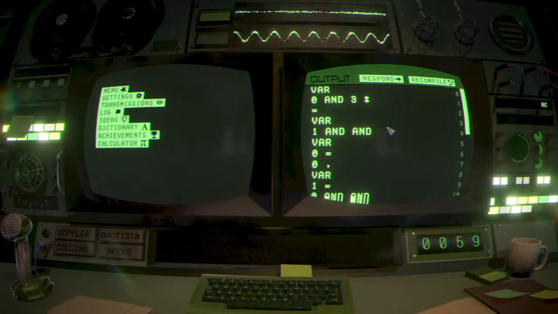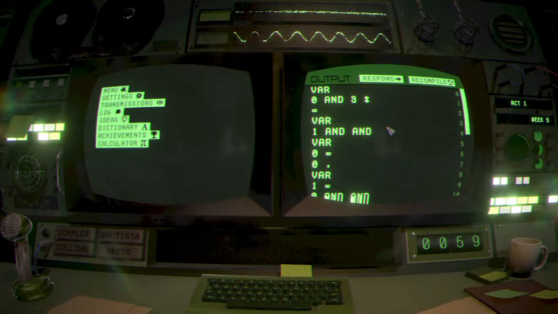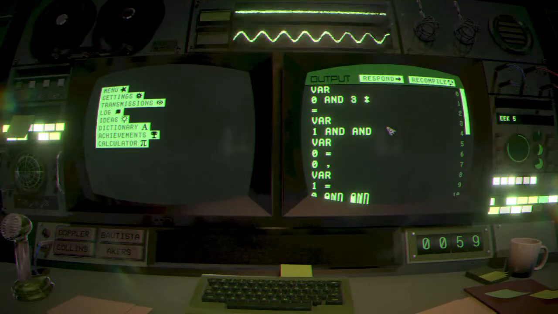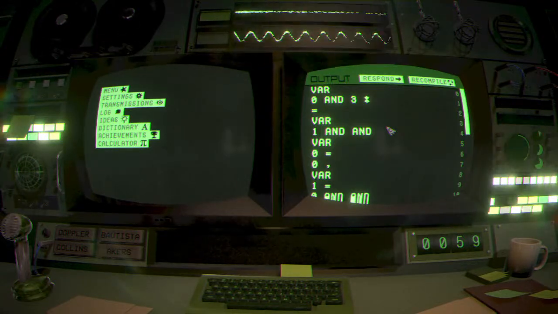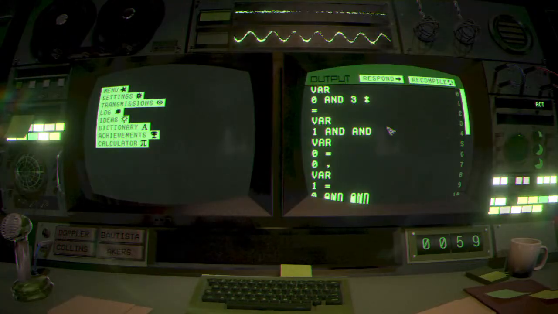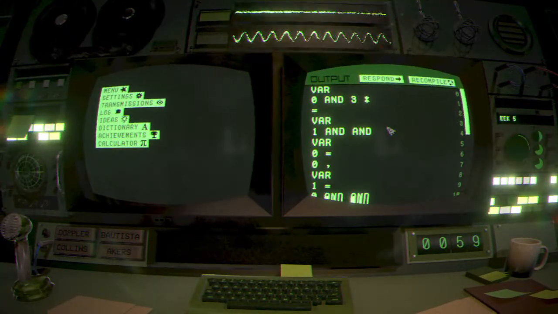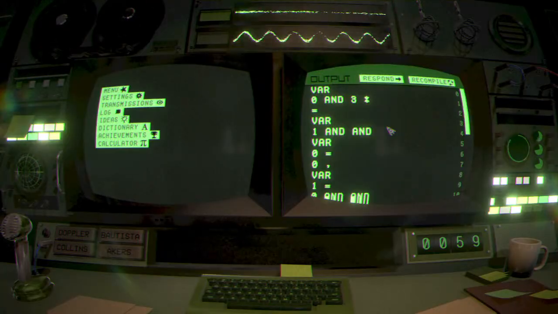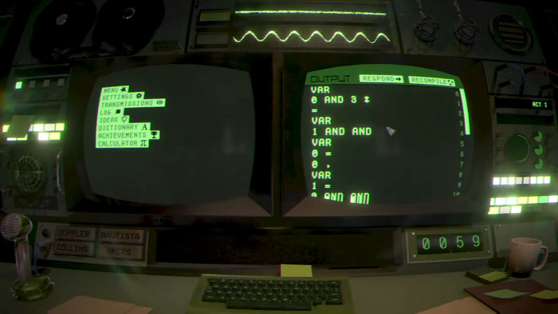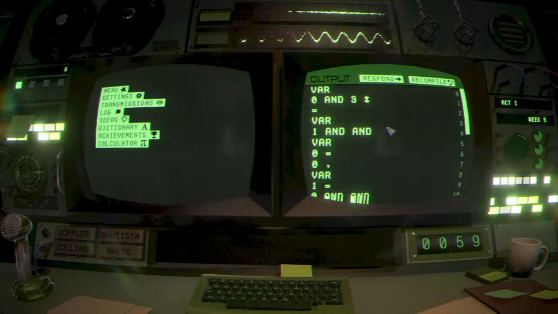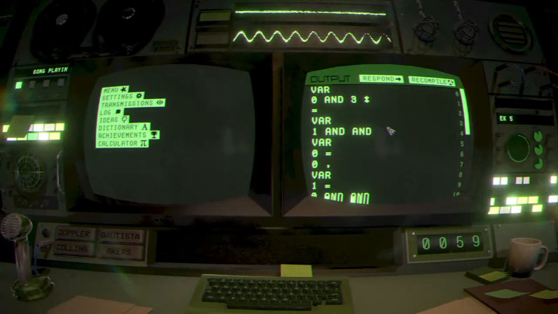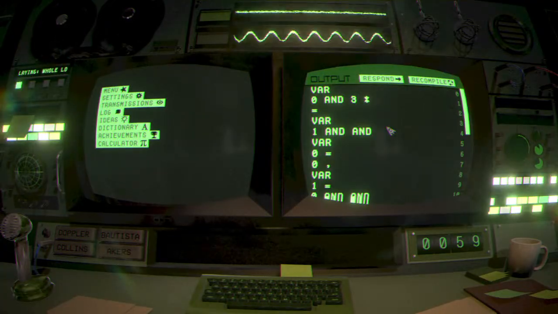Variable 0 times 3 is equal to variable 1. Variable 1 equals 3 times variable 0. No. Yes. No. Why do I struggle with this? Okay, variable 0 is multiplied by 3, and you get variable 1. Okay.